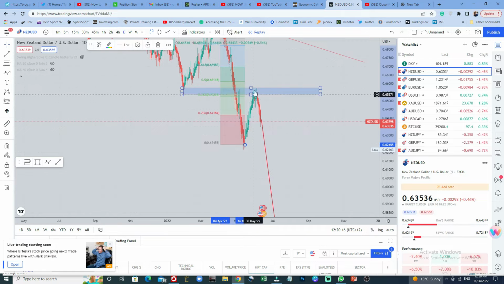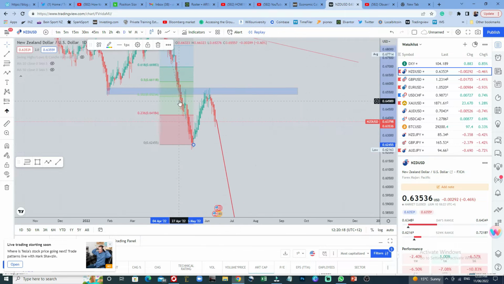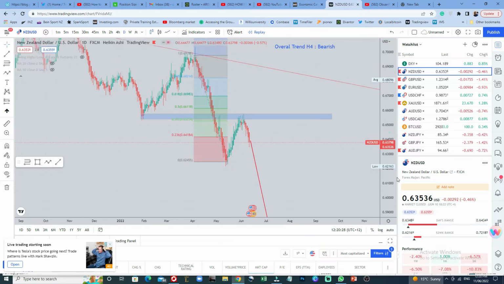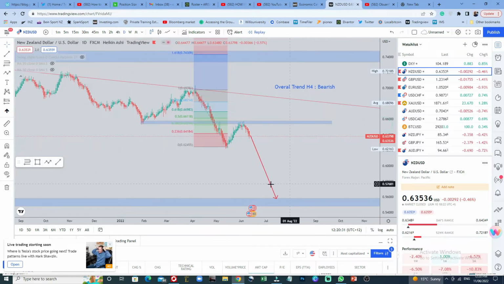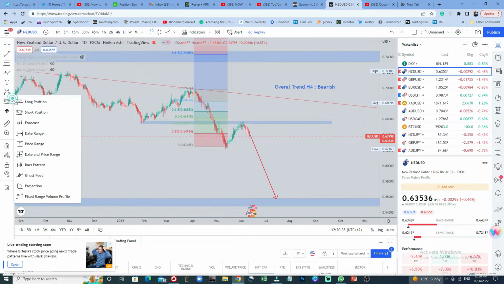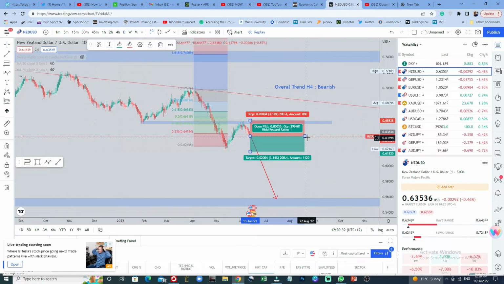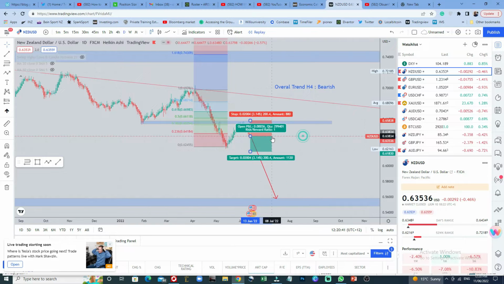So it has pulled back to 0.382. It tested 0.382 and it's pushing down to the downside, and it's expected to push further down. So I can even still take a trade from this point, and for next week, this can be my take profit.